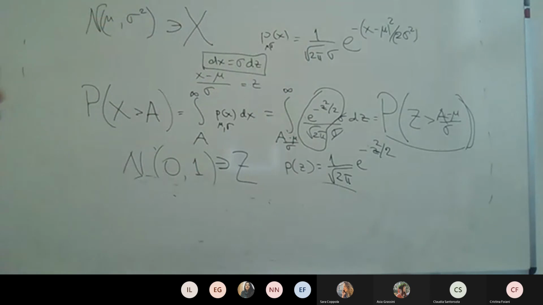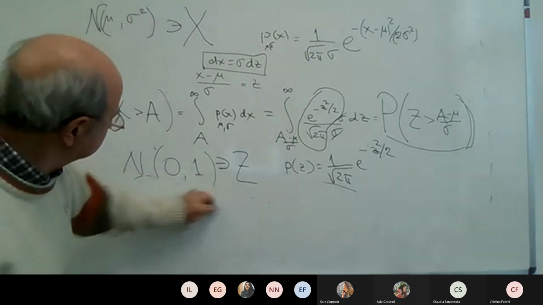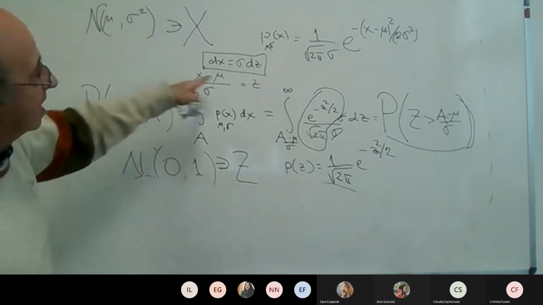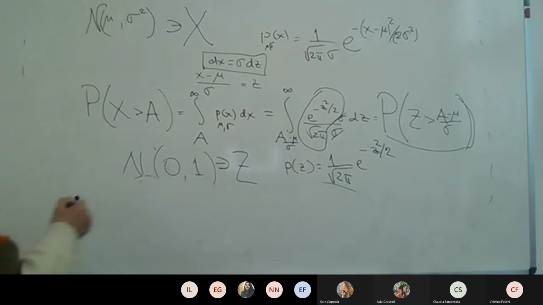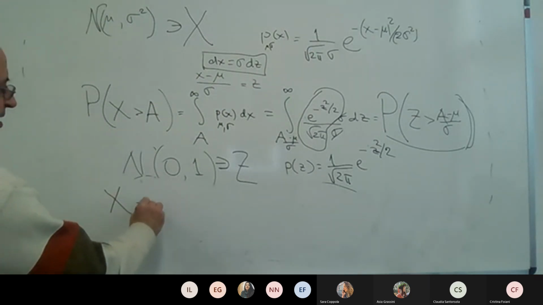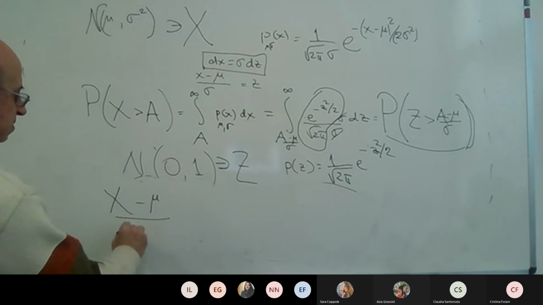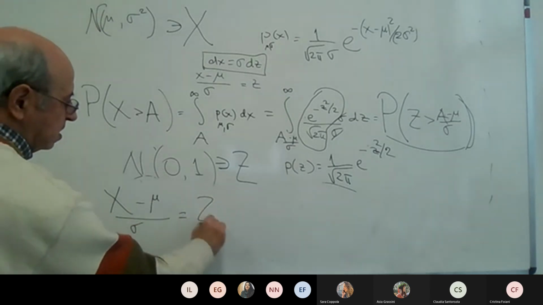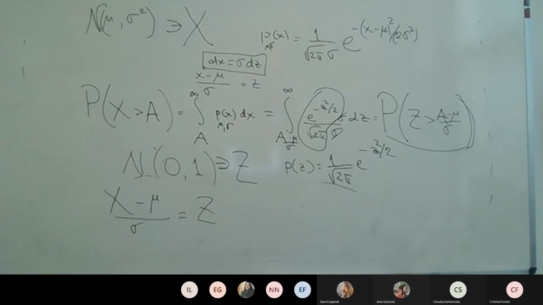Using this relation, but now using capital X and capital Zeta. Formally, we can write capital X minus mu divided by sigma is your zeta.